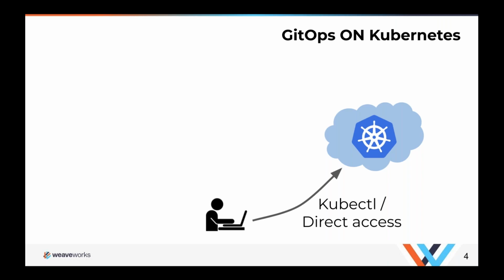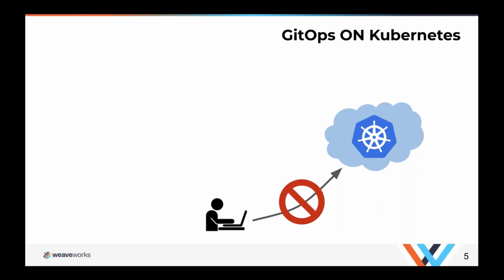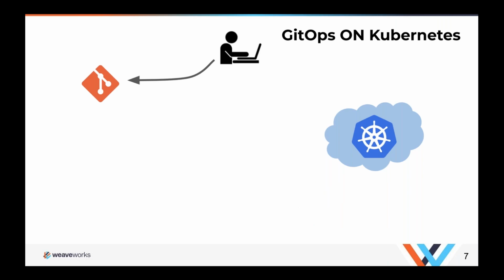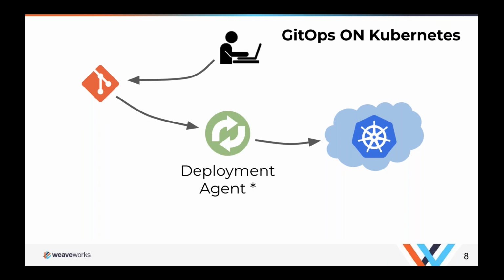One important one is it's really hard to track what's going on, who has access, how they get access, etc. So what we do instead is stop people from getting direct access to operate the cluster, and we instead operate through a configuration repository. The users will make changes to a configuration repository, and once that changes, there's a deployment agent that will bring the actual change to the cluster. So it's all driven through the configuration.